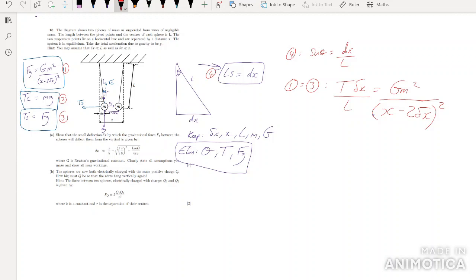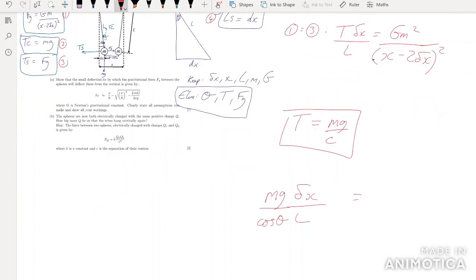Using 2, we've got that T equals mg over cos theta. And so plugging that in, we've got mg delta x over L cos theta equals gm squared over x minus 2 delta x squared.